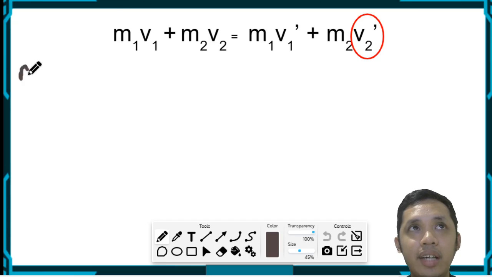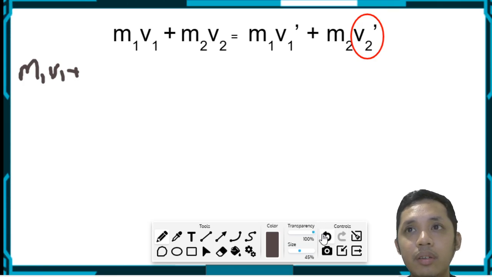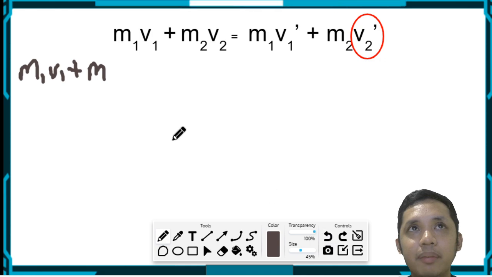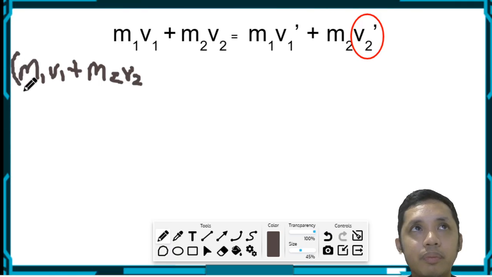I will just rewrite that: m1 v1 plus m2 v2, that is the total momentum before the collision.